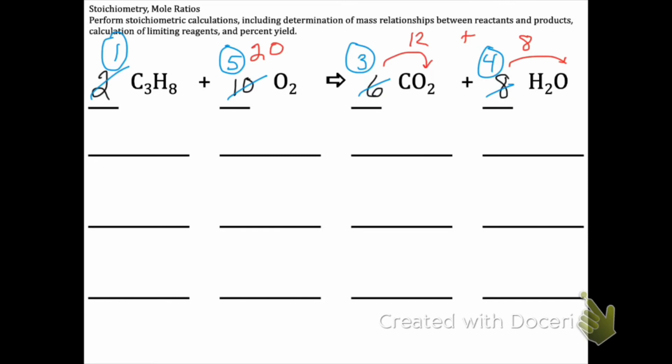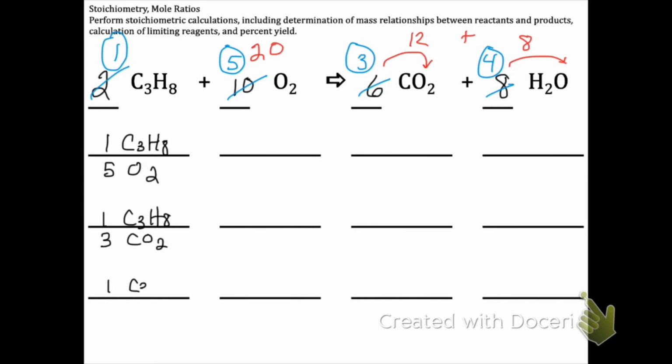So let's write out all of our ratios, all of our possible combinations of reactant to reactant or reactant to product. 1 C3H8 needs 5 oxygen to completely combust. 1 C3H8 could produce 3 CO2.